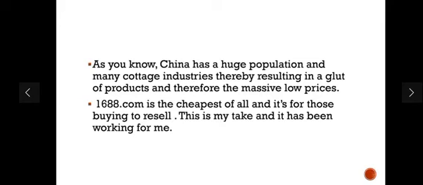So that is just it. The industries in China are many, and so the prices are ridiculously cheap. Now 1688.com is the cheapest of all, and for those buying to resell, this is my take and it has been working for me.